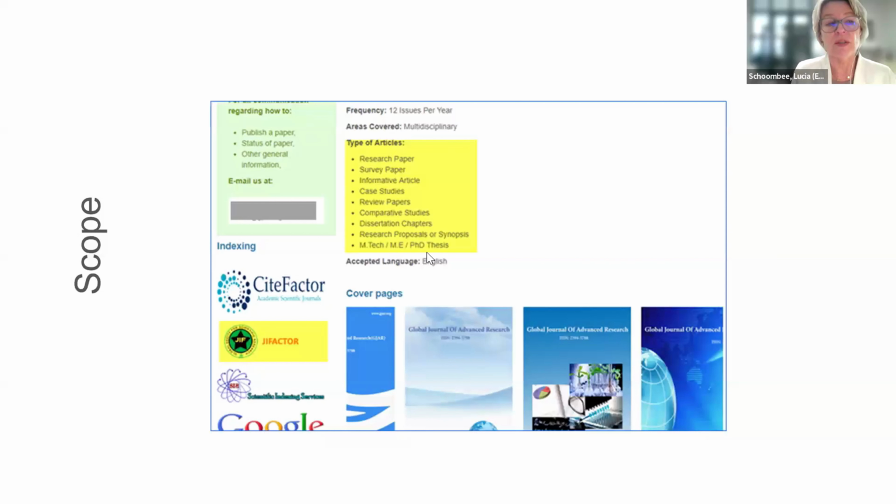Journals are usually very specific about what type of manuscripts they publish: research articles, original research, review papers or conference papers, but not everything from an article to a thesis. That is highly, highly improbable.